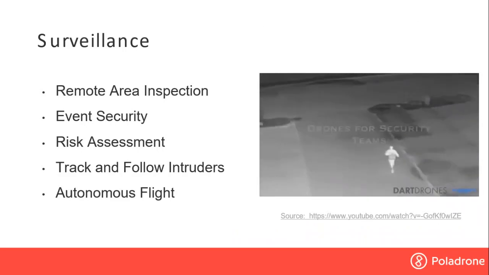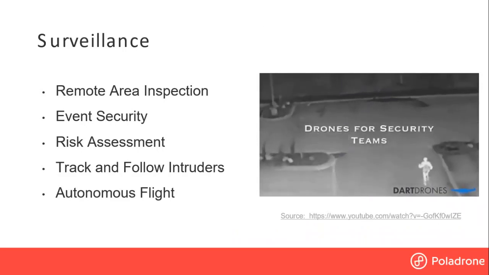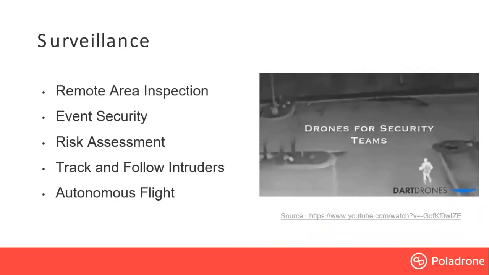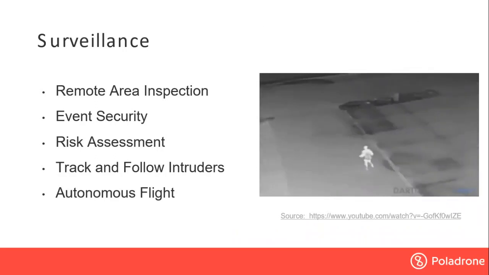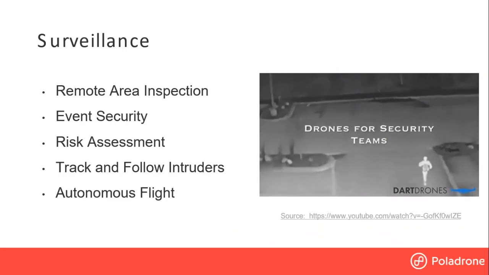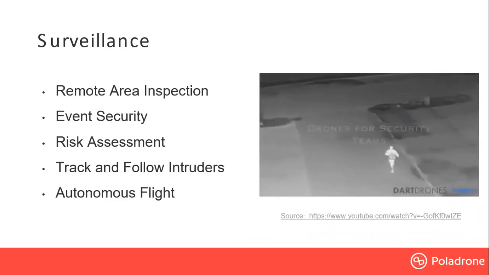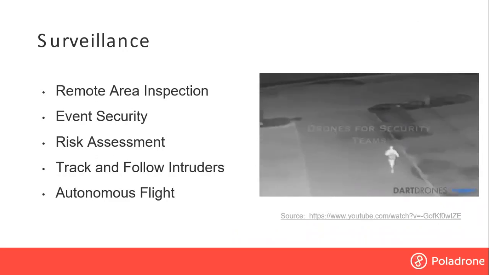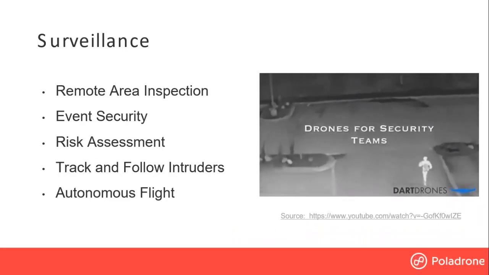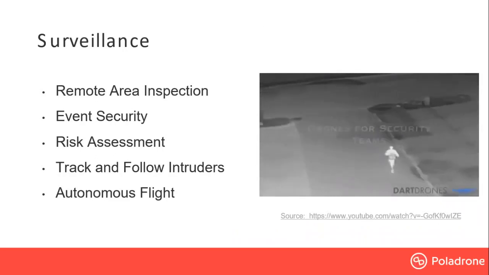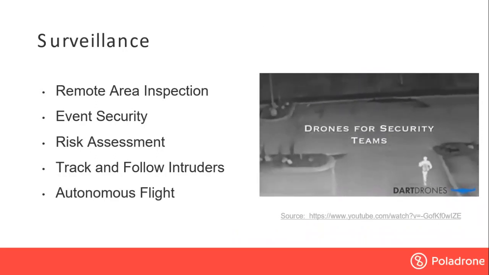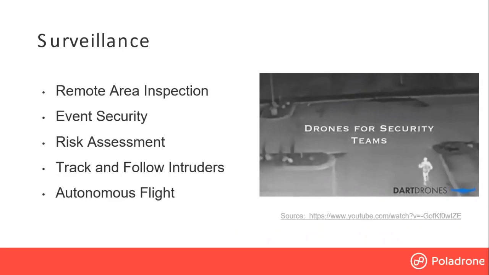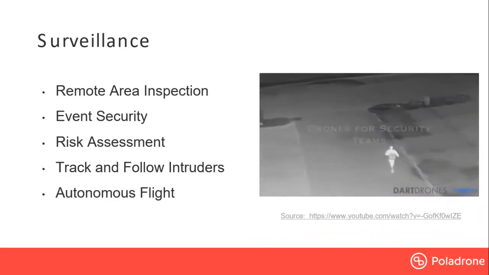They can use the drone, set up the waypoints, and do the remote area inspection. It can also help with event security. When you're having an event, you can use it as security equipment to inspect around the event's place. It can help you do risk assessment when using the drone. And some of them have a function that can track and follow the instructors.